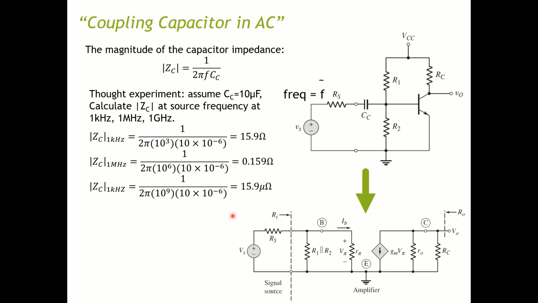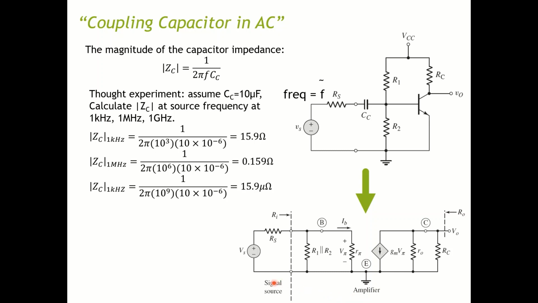So next we will try to analyze the voltage gain of this amplifier using this small signal equivalent circuit. One more thing to mention is that we also will try to figure out the input resistance value of this amplifier and the output resistance value.